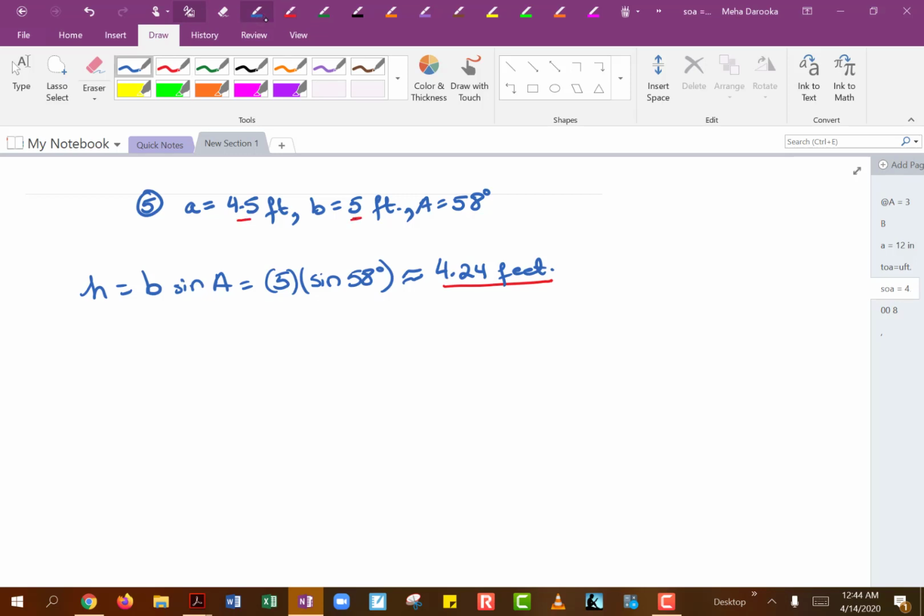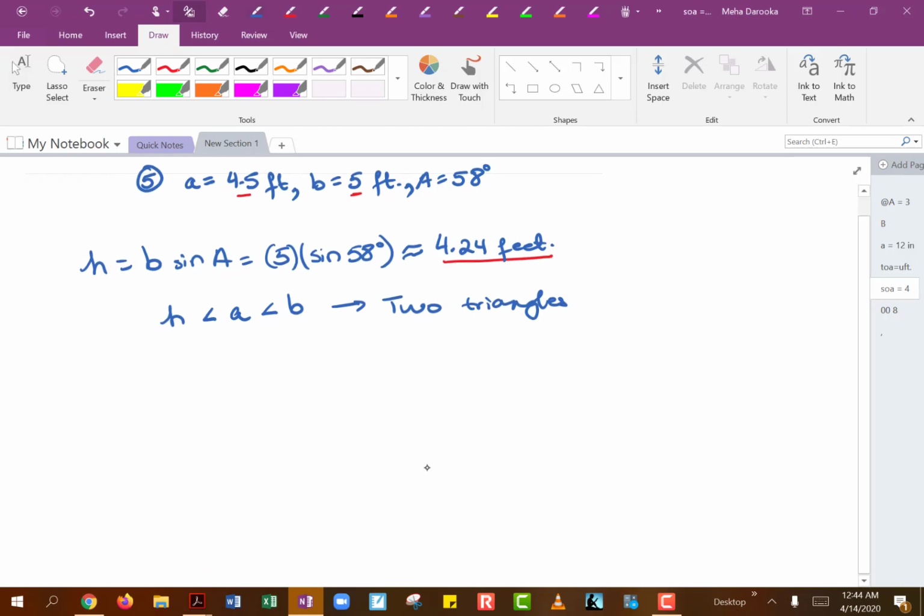So 4.24 is of course less than 4.5 and less than 5. So we can again say that H is less than A and A is less than B, which means this can lead us to two possible triangles.